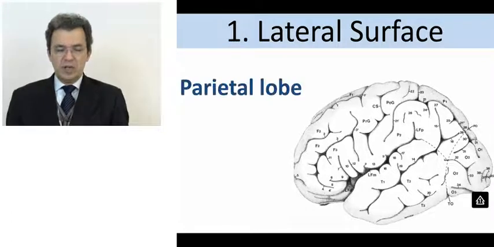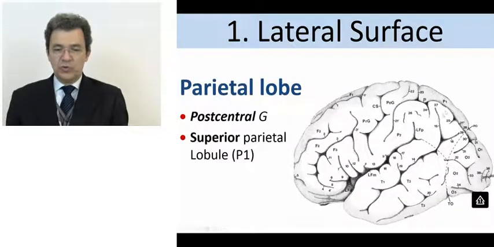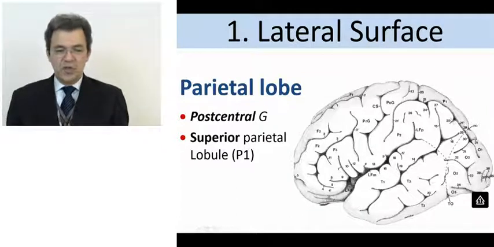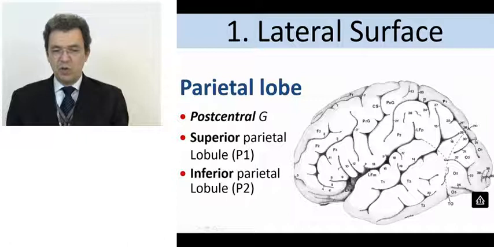The parietal lobe is different. The parietal lobe consists, on the one hand, of the postcentral gyrus, and then 2 lobules. A superior parietal lobule here, which is just one chunk of tissue, and then you have the inferior parietal lobule, where you have 2 gyri, one anteriorly sitting like a horseshoe, as described by Tom Naidich.